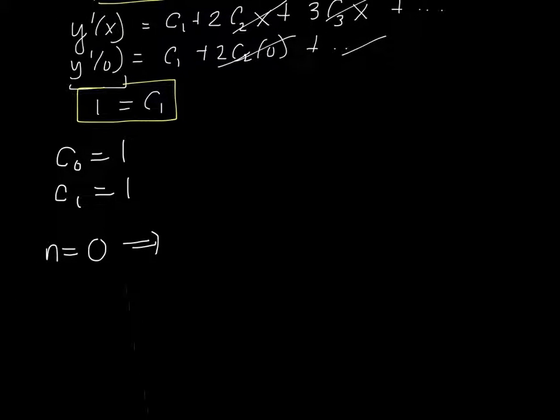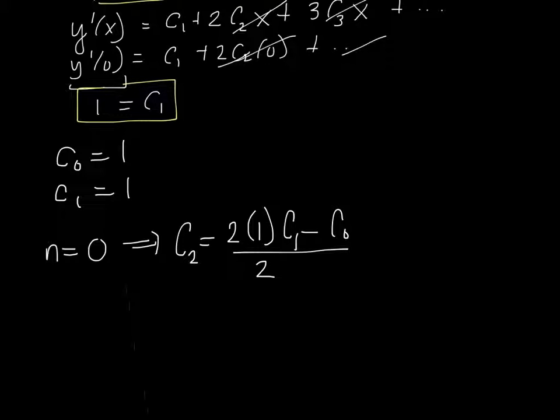If n is 0, using our recurrence relation, we have c of 0 plus 2, so c2, equals 2 times (0 plus 1), that's 1, times c of n plus 1, that's just c1, minus c naught, all over n plus 2, which is 2.